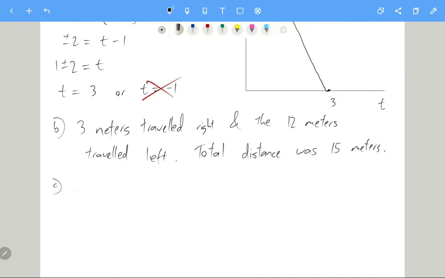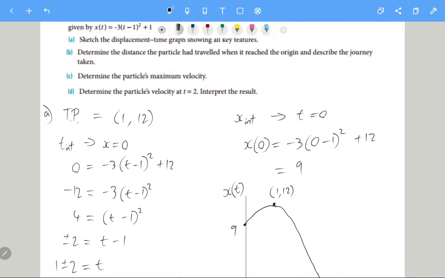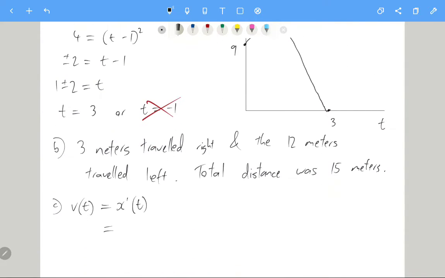Well, the velocity function v of t is going to be equal to the derivative of x, as we said before. So the derivative of displacement is velocity. So let's substitute in the function and take the derivative. So first of all, we might want to expand out x of t.